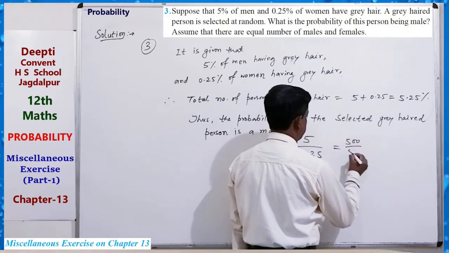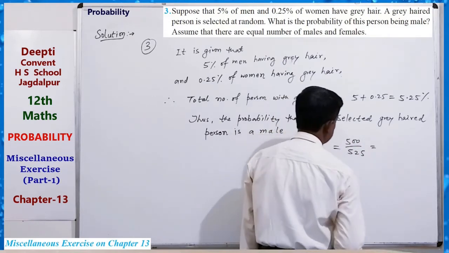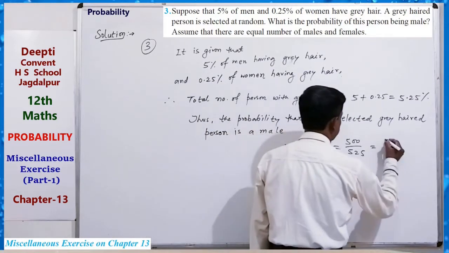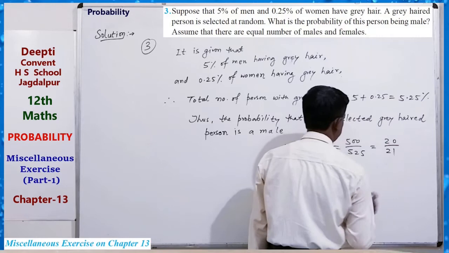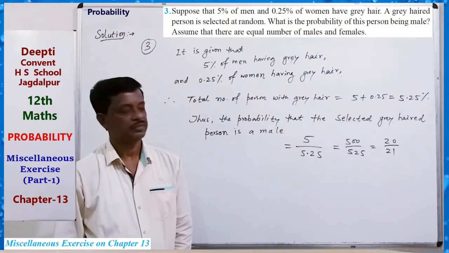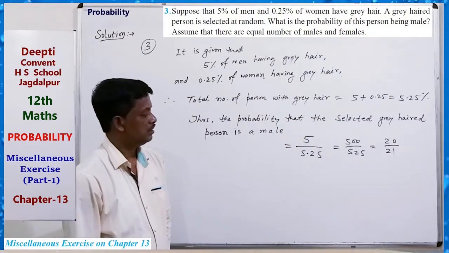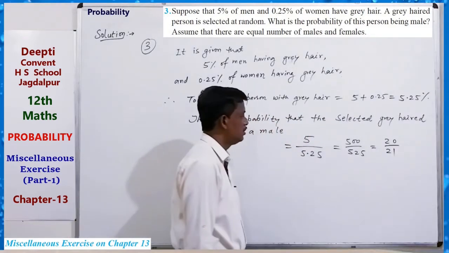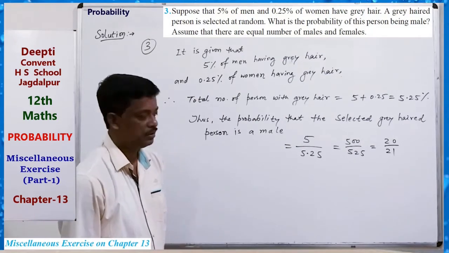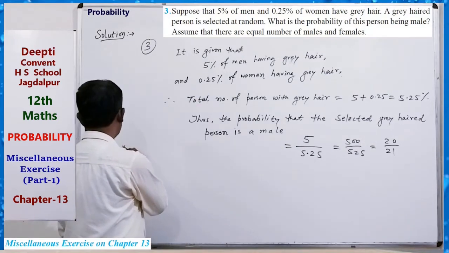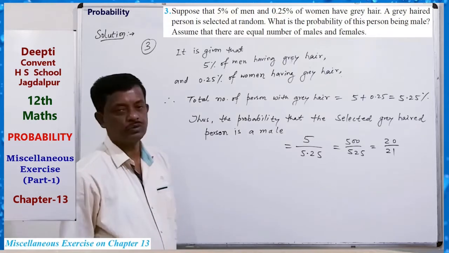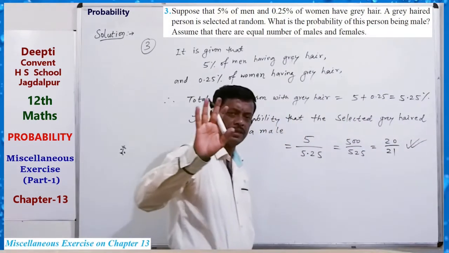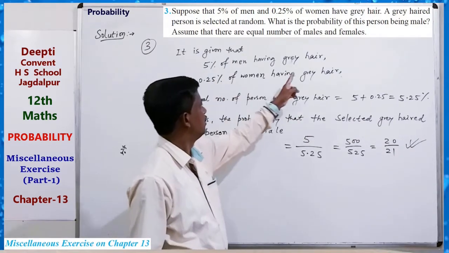So here we can divide and get 20 by 21. You can multiply it by 25. So 20 by 21 is the required probability.